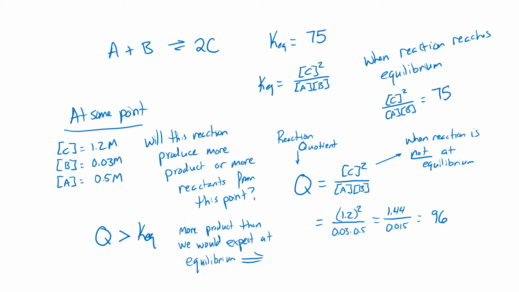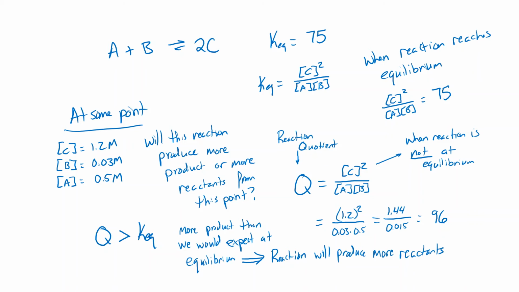And so, therefore, the reaction will move towards equilibrium by producing more reactants. Because to balance this number out, to turn 96 into 75, we need to make the denominator larger. And so that means that we need more reactants present in our reaction.